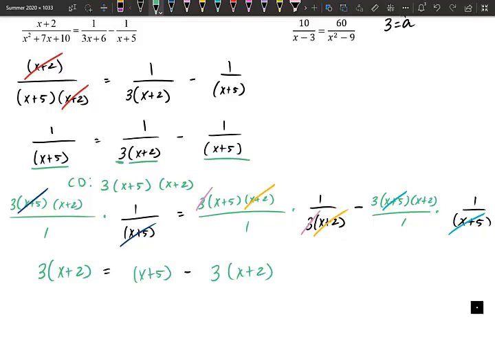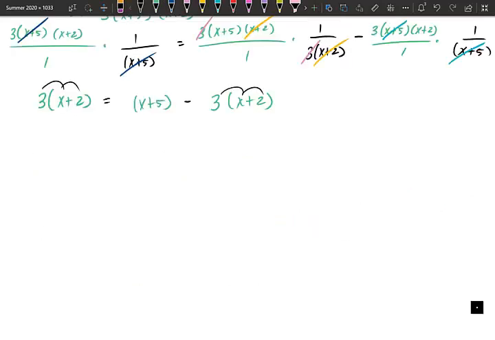That's all we have left over. We don't count the ones; they just go away. All right, now that we got rid of the fractions, we have to distribute. So 3x plus 6 equals x plus 5 minus 3x minus 6. So we're going to combine like terms where we can.